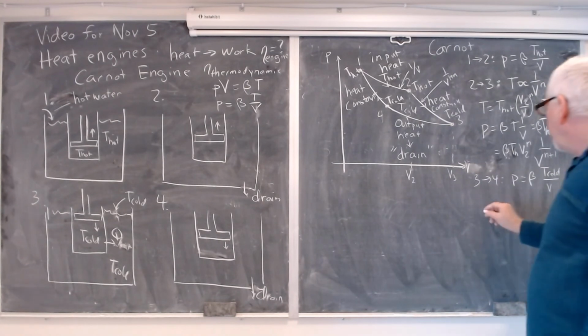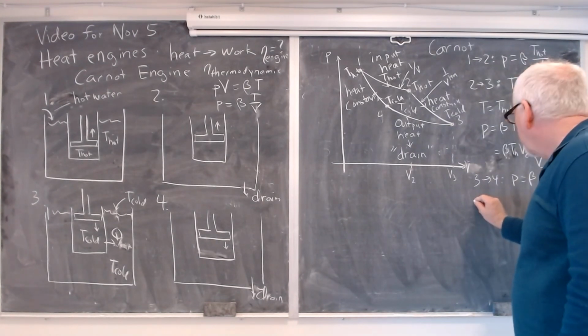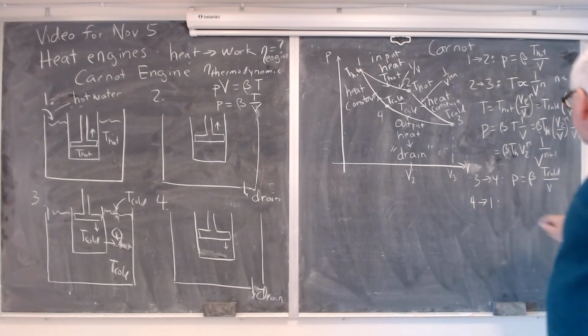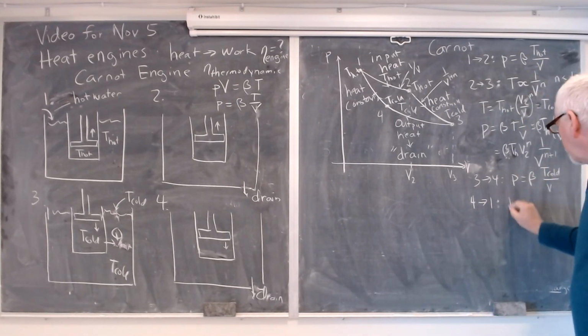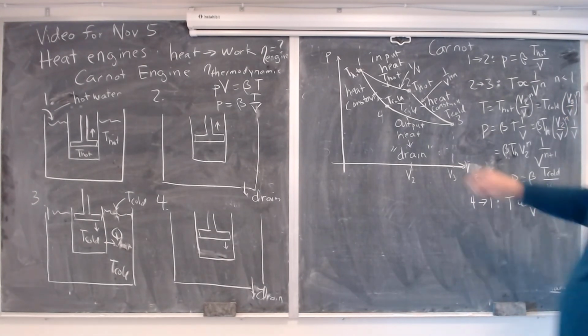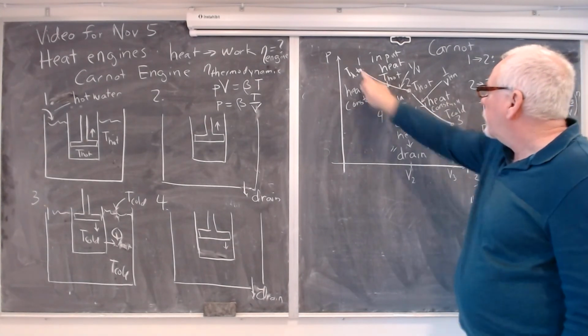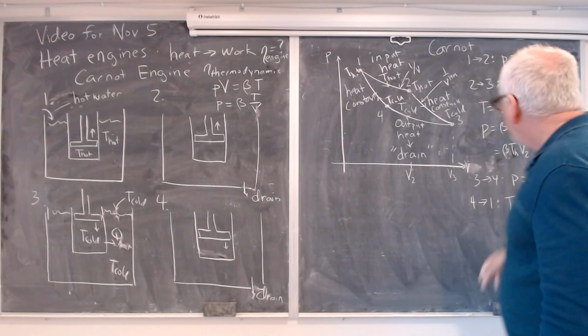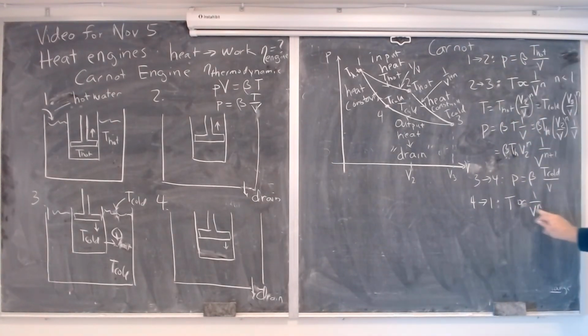Now, from 4 to 1, same sort of deal. T is proportional to 1 over V to the n, right? Because it's going up now, and so as V gets smaller, it gets bigger. And of course, it makes sense that it has the same relationship as far as n goes, because that's inherent in the thermodynamics of everything.